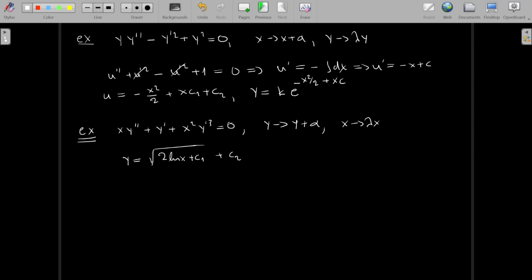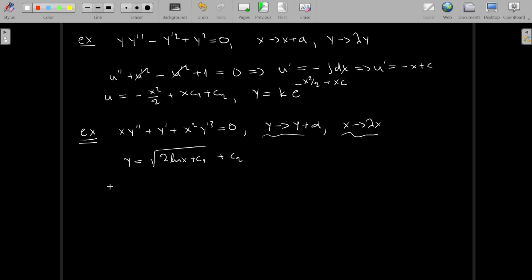And you can easily see that all these examples exhibit the symmetries that are promised, meaning that this solution does indeed exhibit such a symmetry, because they're inherited from the original differential equation.